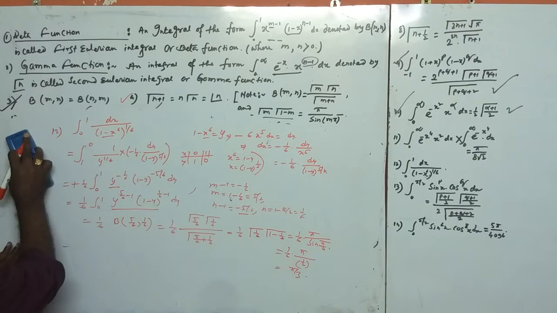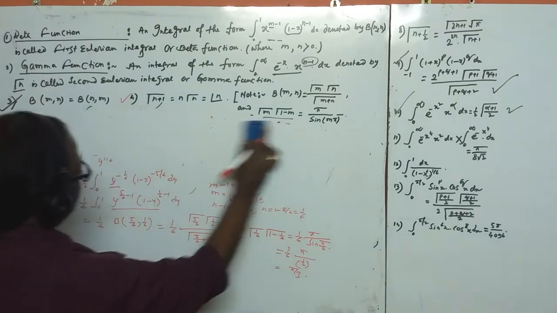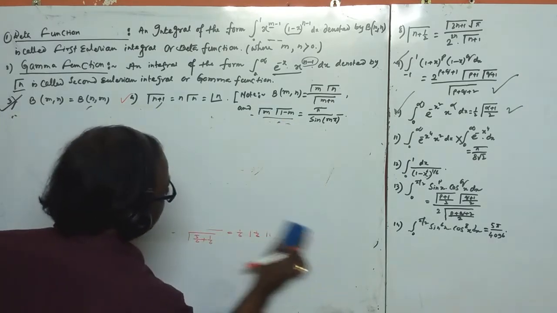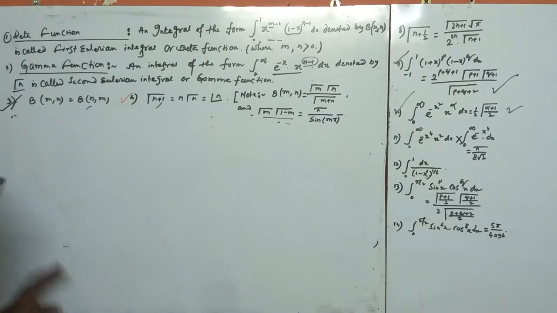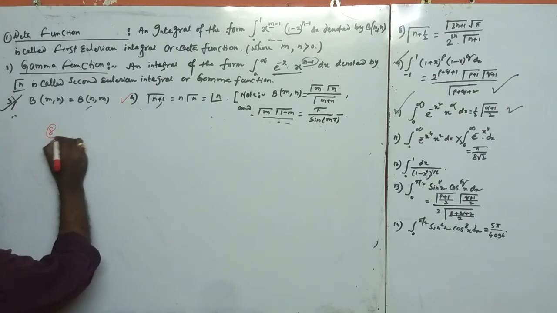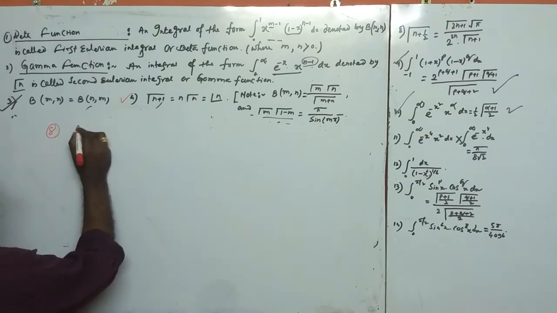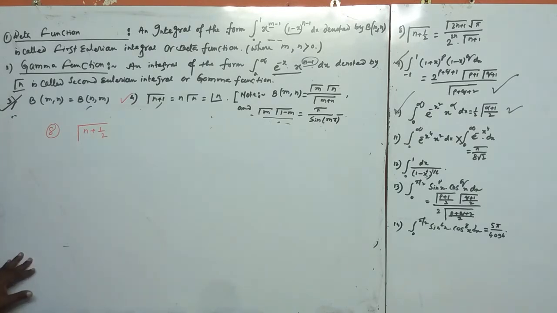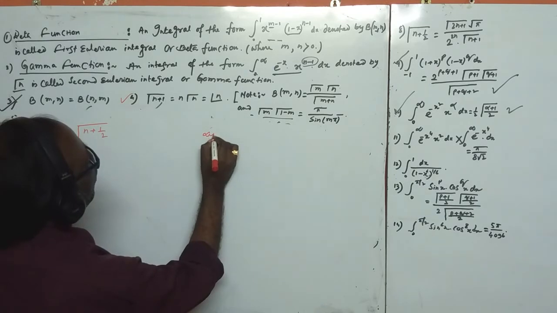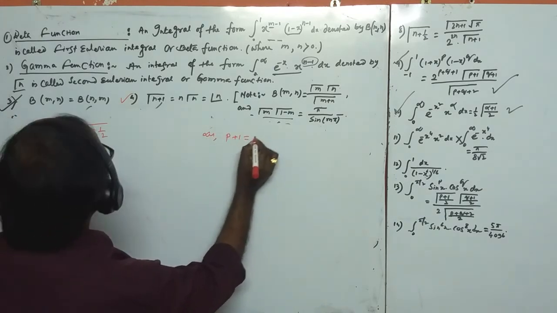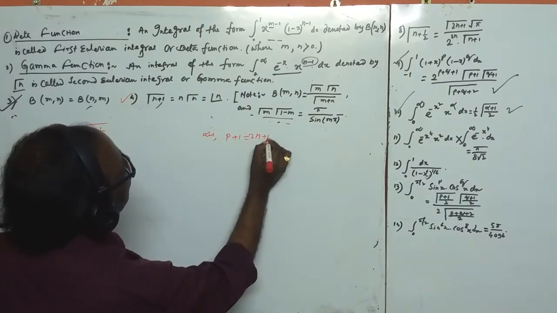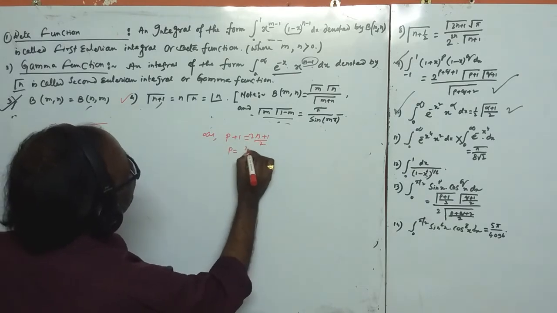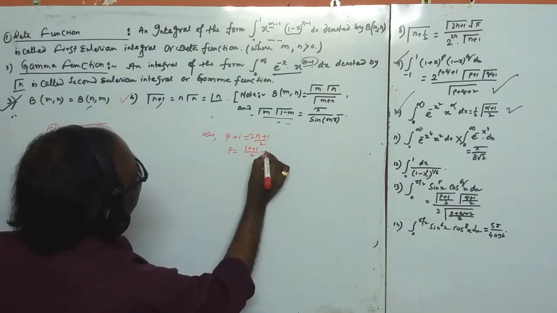Now we follow question number 8. The next question is gamma of n plus 1 by 2. Let us assume p plus 1 is equal to n plus 1 by 2, so p is equal to 2n plus 1 by 2 minus 1.